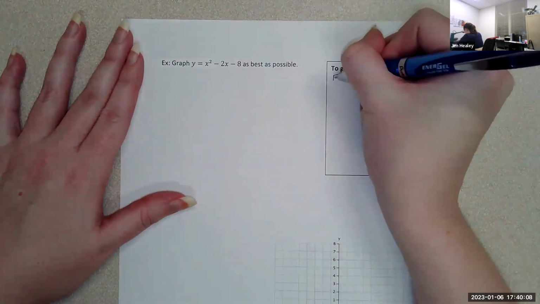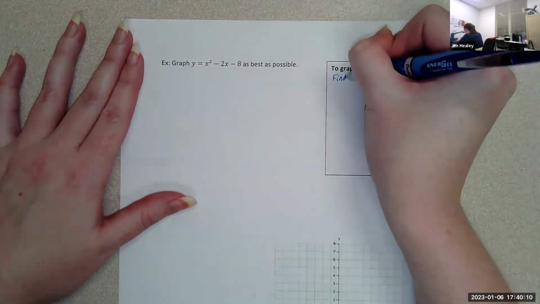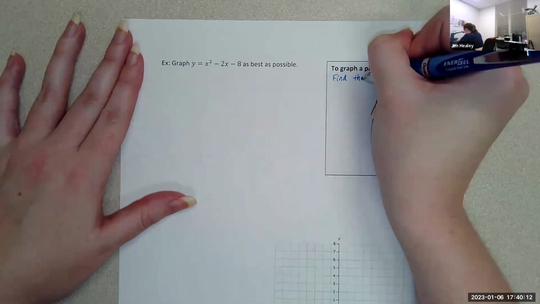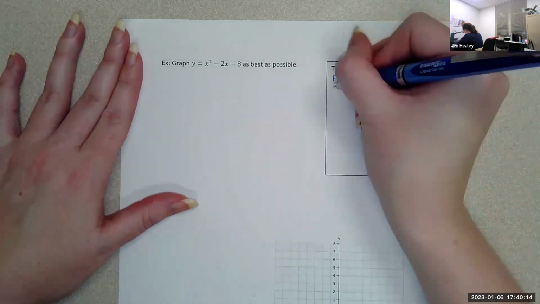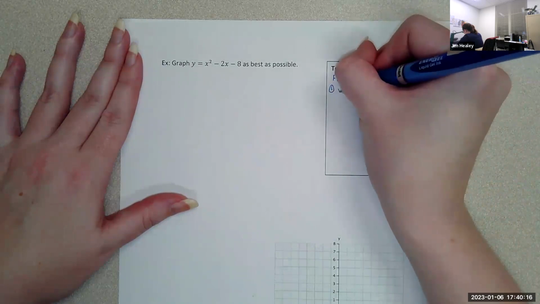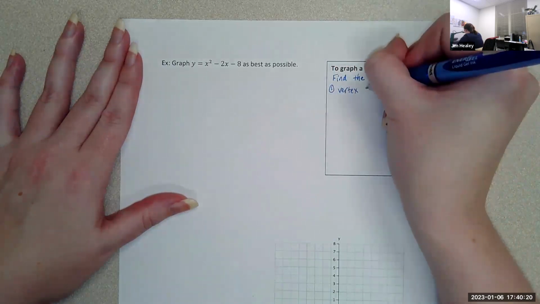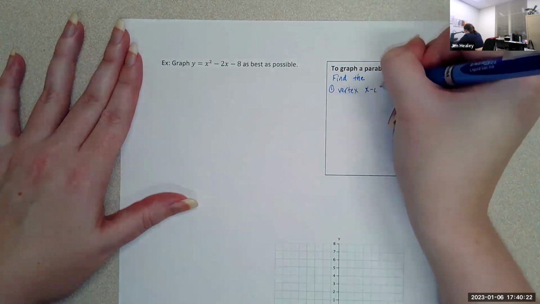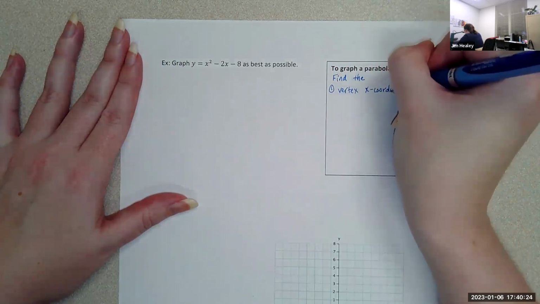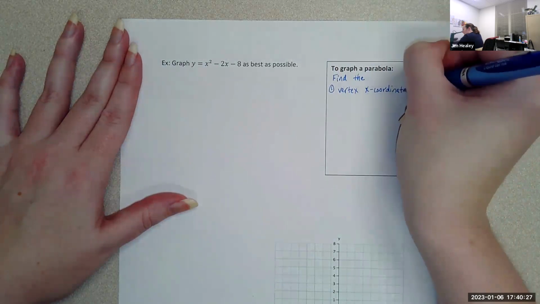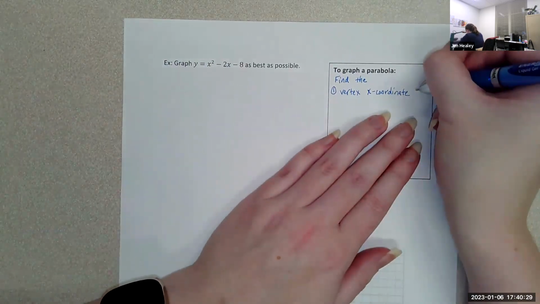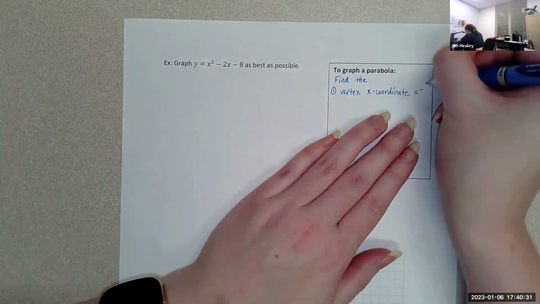So we're going to find the vertex. And specifically, we're going to find the vertex x coordinate using negative b over 2a.